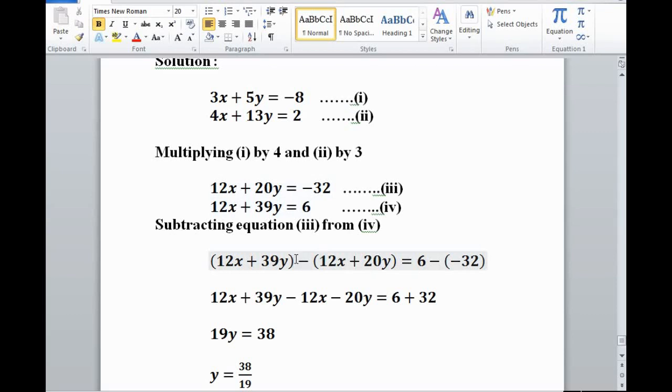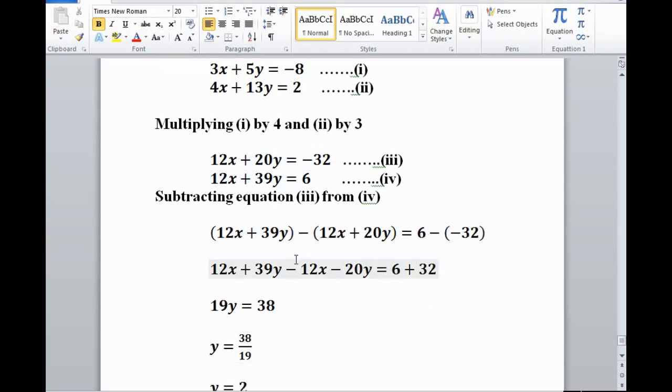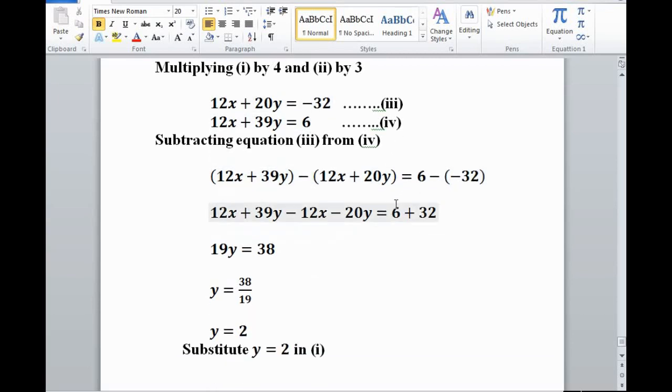Or you can also subtract equation 4 from equation 3. Anyhow, our left hand side of equation 4, 12x plus 39y, minus left hand side of equation 3, 12x plus 20y, equals right side of equation 4, 6, minus right side of equation 3, minus 32.